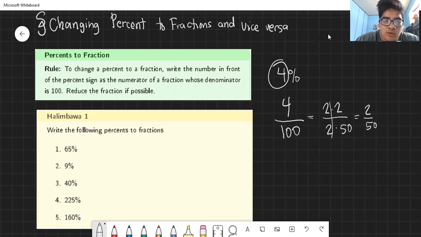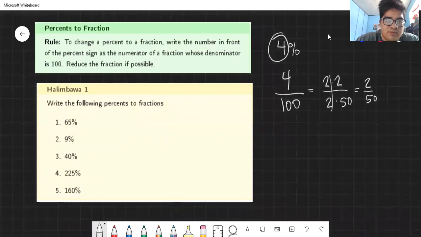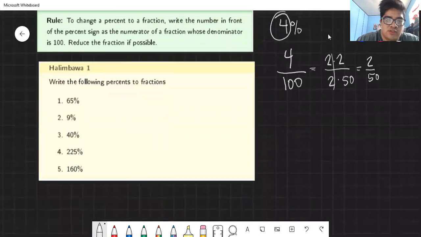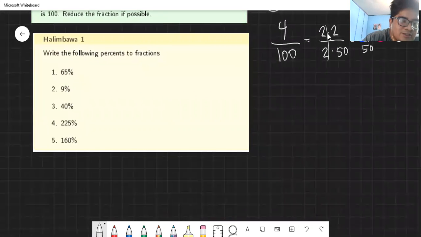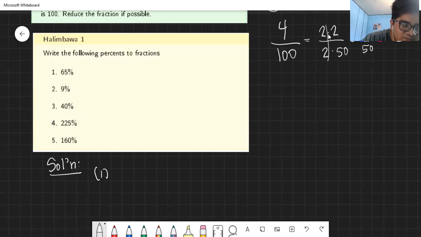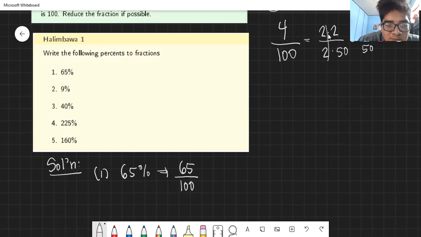So, let's have examples to evaluate reducing the percents to fractions. Now, number 1, 65%. So, solution. For number 1, 65%, this implies that kukunin mo yung number na 65, i-over mo sa 100, and let's simplify it as much as possible.